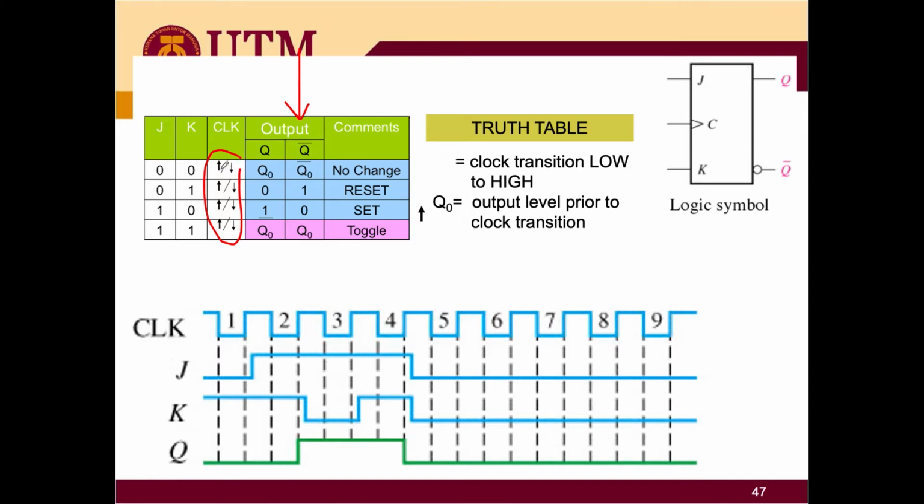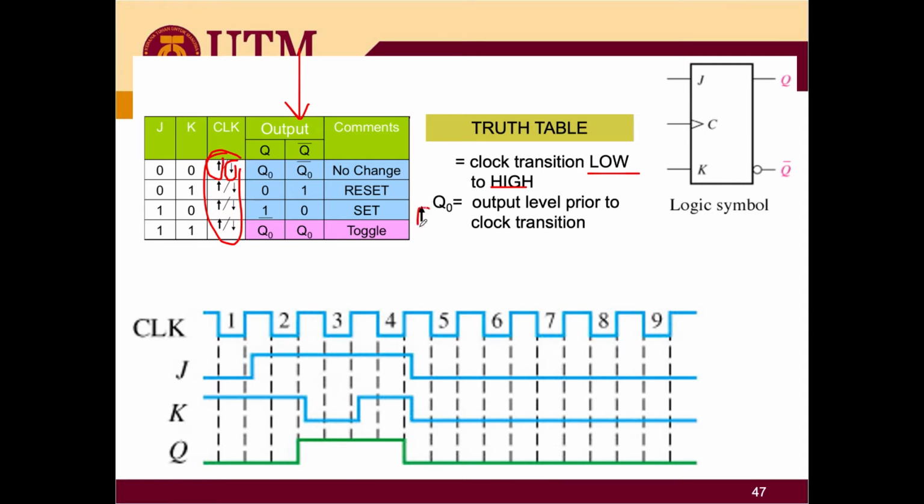whether it is the positive edge or negative edge. It depends. If let's say the question is asking you to have the positive edge, which is clock transitions low to high, so you can also consider it low to high. This one is low to high, sorry, low to high, this one, and this one is high to low.